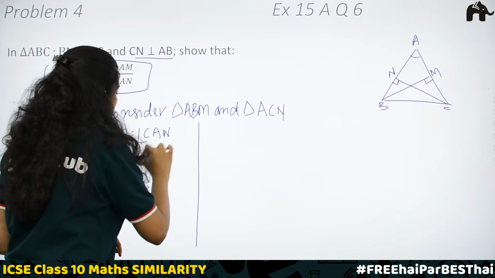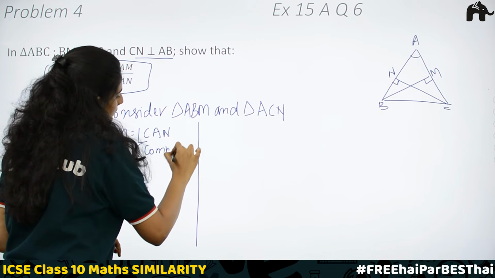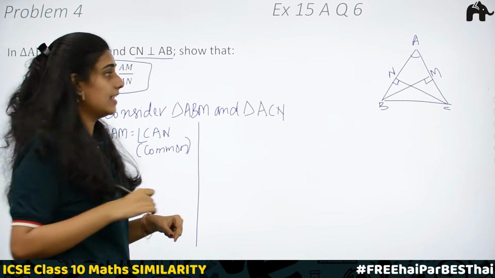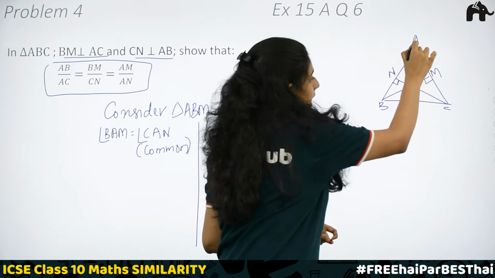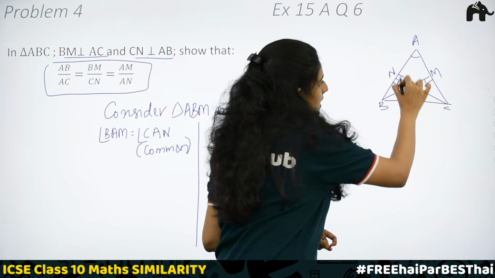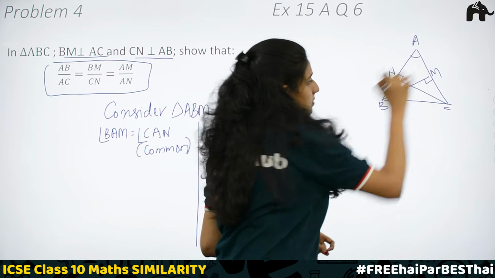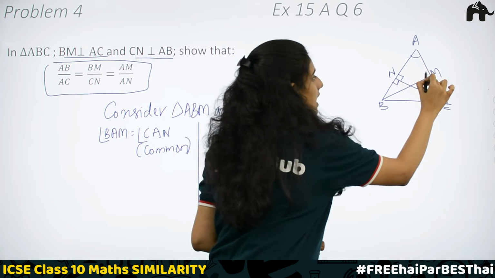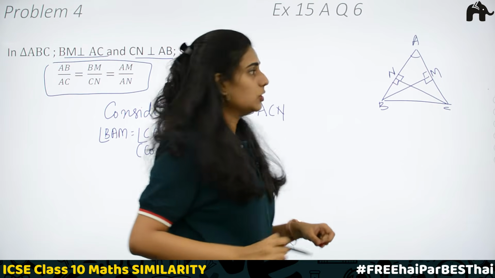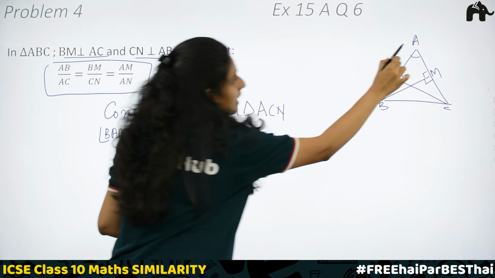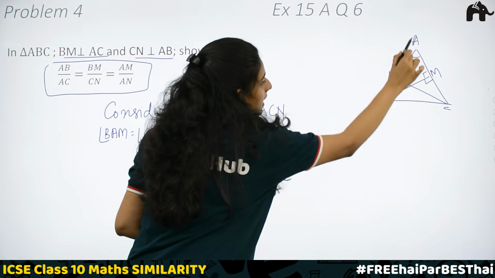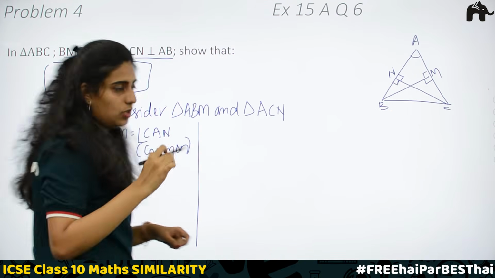This angle is common to both the triangles. What else? When you take ACN, this angle is 90 degrees. And when you take triangle ABM, this angle is 90 degrees. Therefore, angle ANC and AMB are equal.